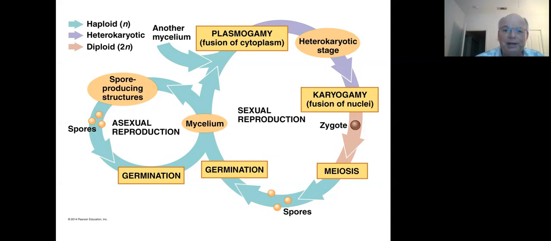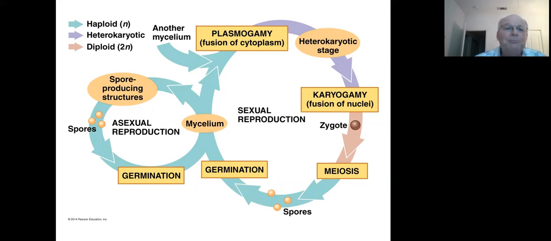The diploid stage here is very, very transitory. And so the diploid nucleus undergoes meiosis, gives rise to haploid nuclei, which then get packaged into spores and get released into the environment where, again, if they land in a suitable environment, they will germinate and develop into a new mycelial mass.